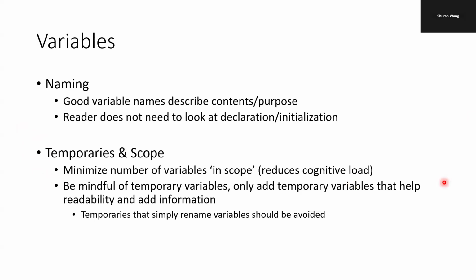This reduces the cognitive load of the reader, and it means you need to minimize the number of variables that are more global. Be mindful of temporary variables, only add those that help readability and add information. Temporaries that are just renaming variables and not really helping with readability should be avoided.